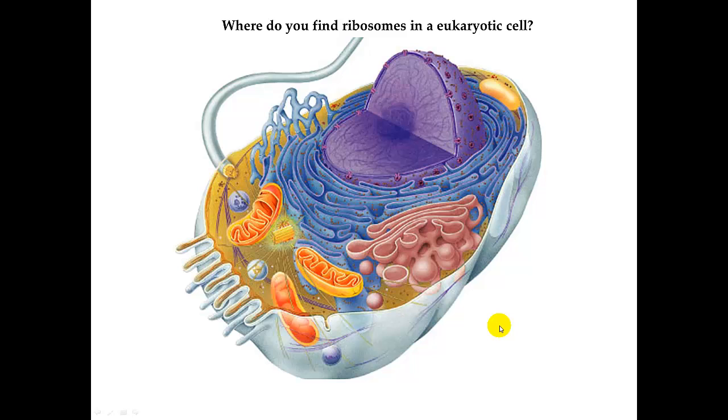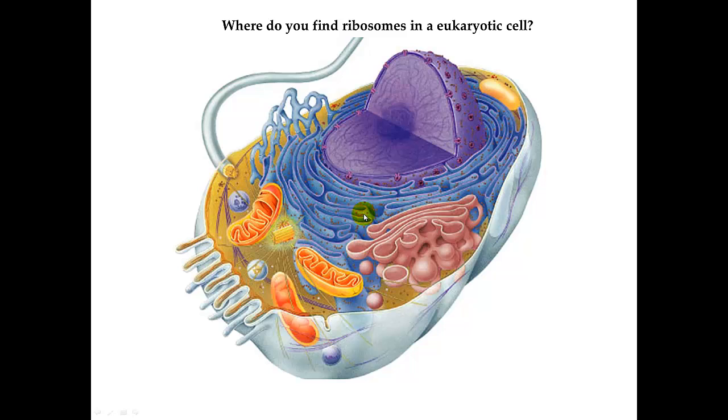You might remember from the knowledge check assignment that there are different places where you find the ribosome. Generally ribosomes are found outside of the nucleus, but there are two main places outside of the nucleus where those ribosomes are found. Some of those ribosomes are stuck to this structure called the endoplasmic reticulum.